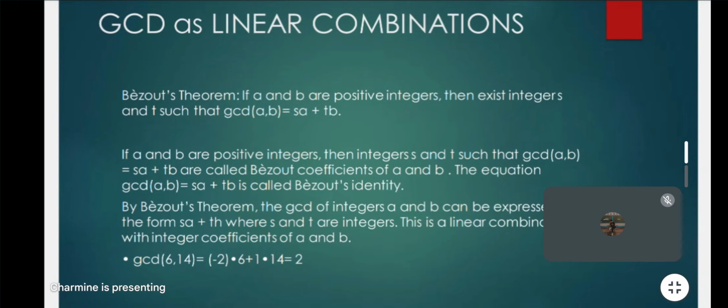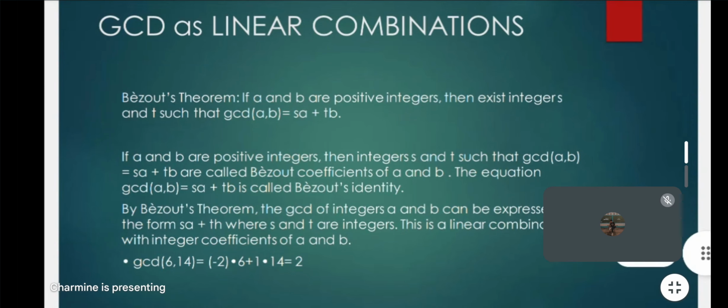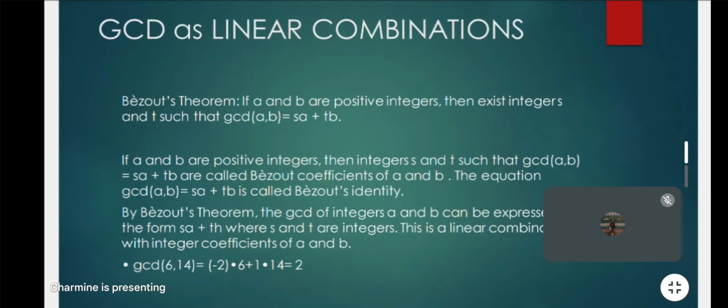By Bezout's theorem, the greatest common divisor of integers A and B can be expressed in the form SA plus TB, where S and T are integers. This is a linear combination with integer coefficients of A and B. The greatest common divisor of 6 and 14 equals minus 2 times 6 plus 1 times 14 equals 2.